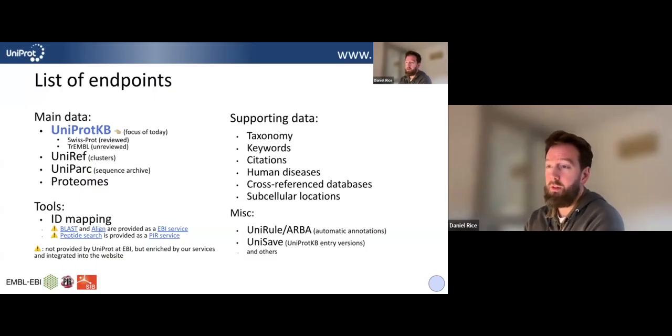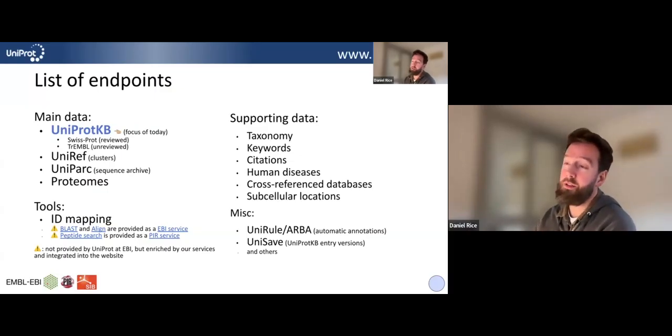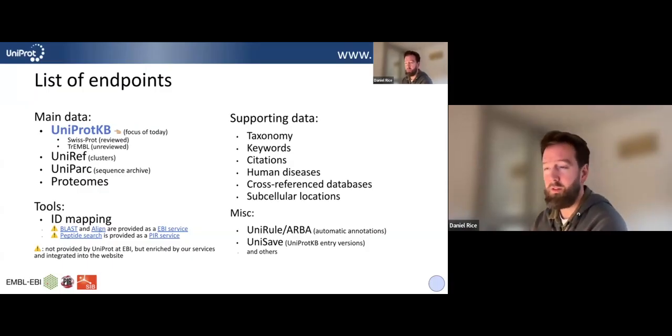It has all the annotations, and there are two ways of creating annotations. The first one is manually curated or reviewed, and that's Swiss-Prot. And then the other side is TrEMBL, which is unreviewed, automatically annotated. So it's a computational means of predicting annotation.